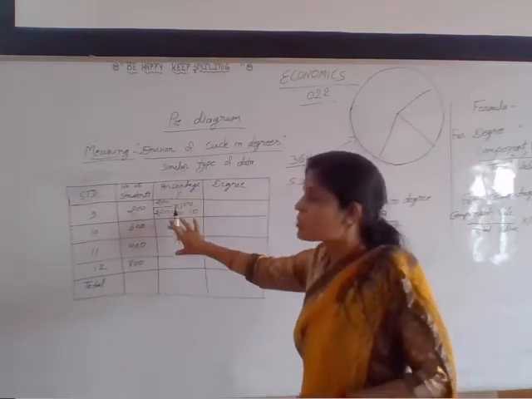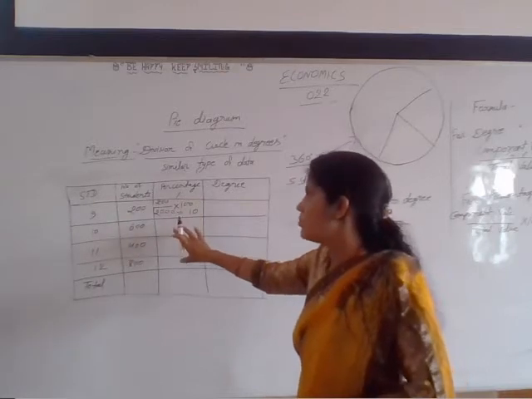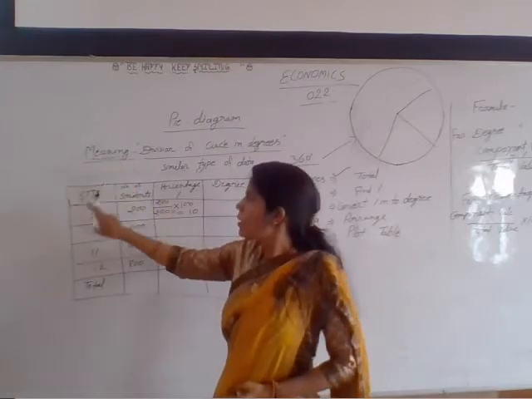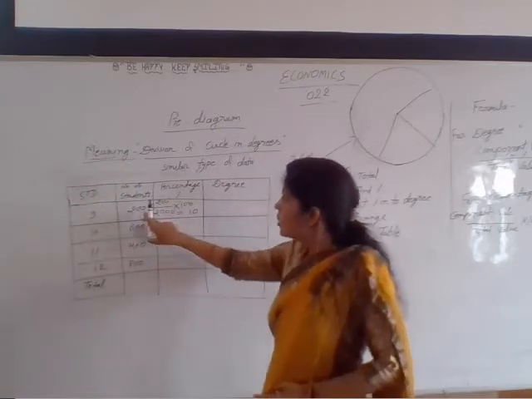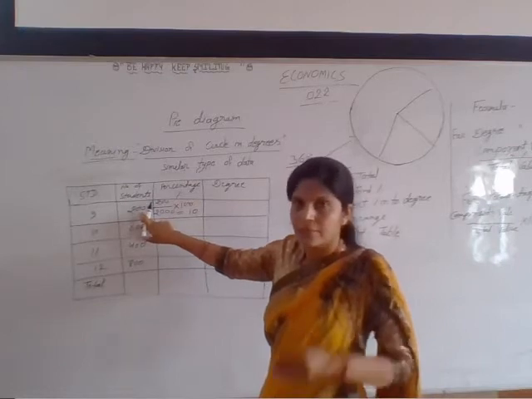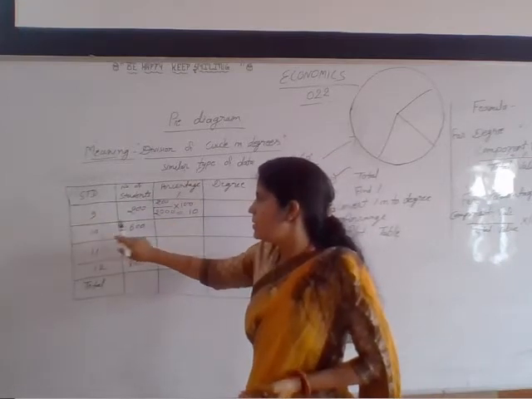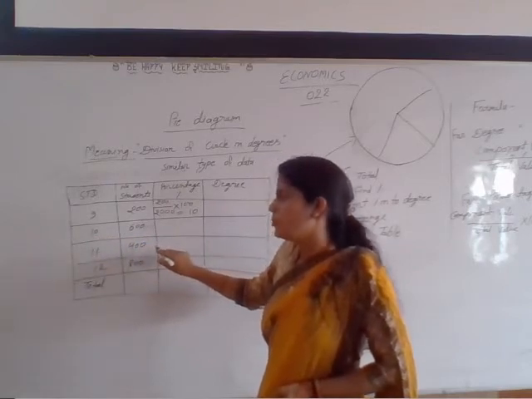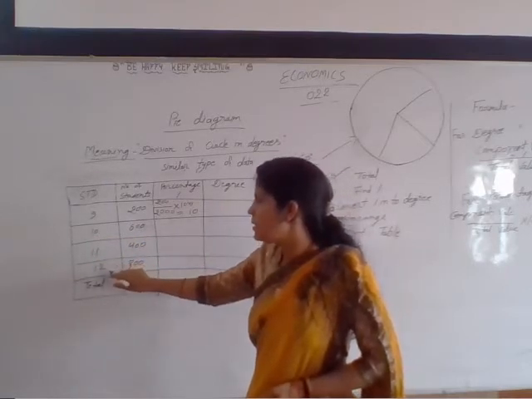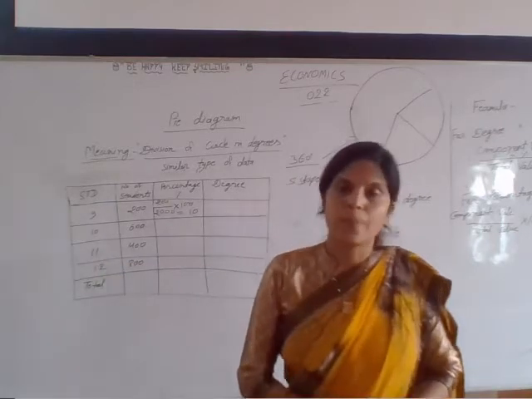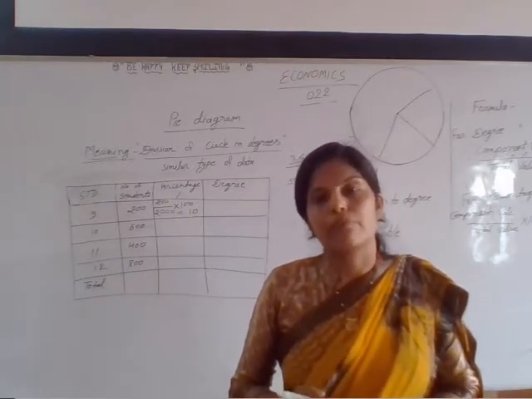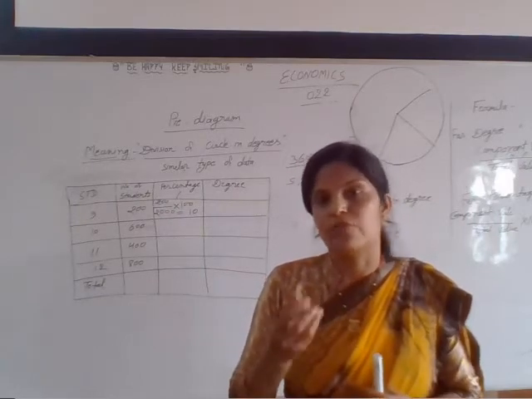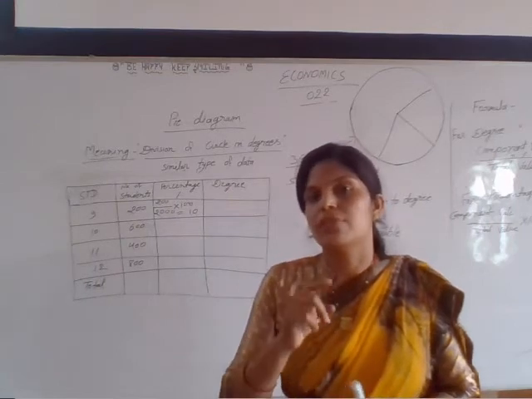In the Samiti school, in 9th standard there are 200 students, in 10th standard 600 students, in 11th standard 400 students, and in 12th standard 800 students. To draw the pie diagram for this, we will follow these 5 steps.